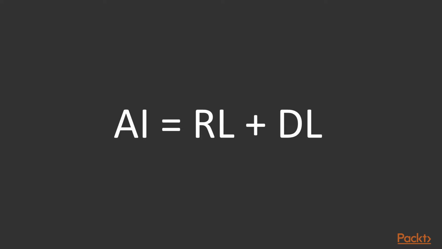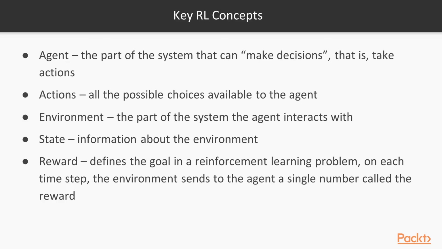Okay, so I have been using all of these words without defining them in the proper sense. So these are the definitions of the concepts we have been using so far. An agent is the part of the system that can make decisions, that is, take actions. And the actions are all the possible choices available to the agent.